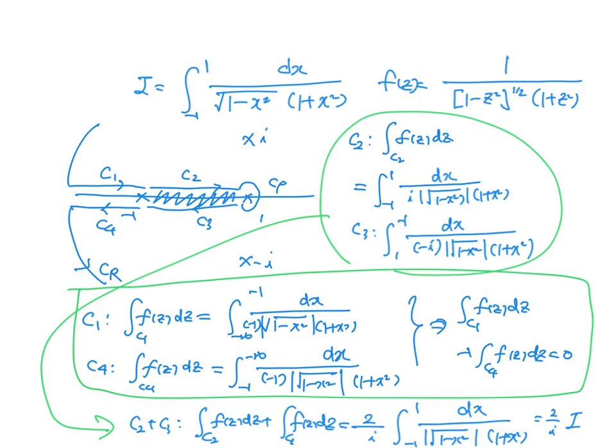So where was I? This is I over 2, right? So closed integral actually 2I over I. This is homework, but you have to show that in the exam.